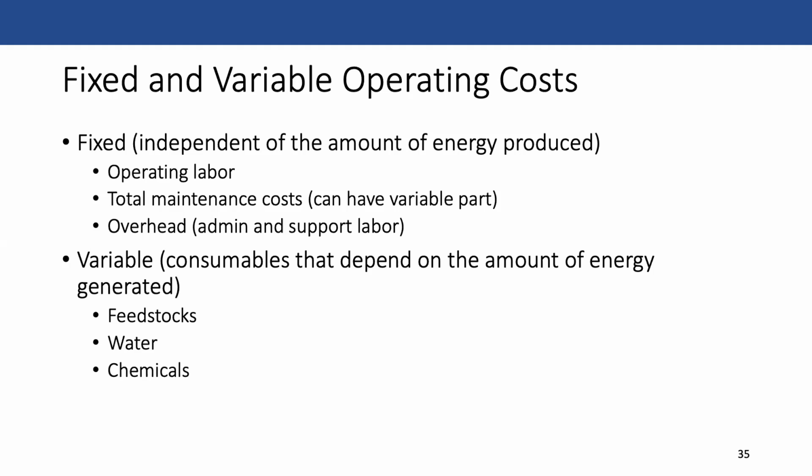So if we think of more on the periodic time thing rather than the mileage, then that would be considered a fixed cost. Whereas a variable cost might be something like the cost of gasoline, right?